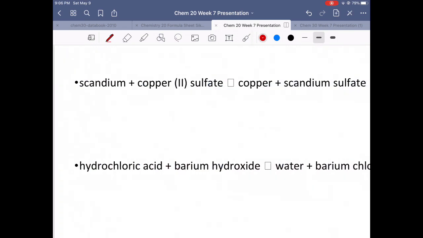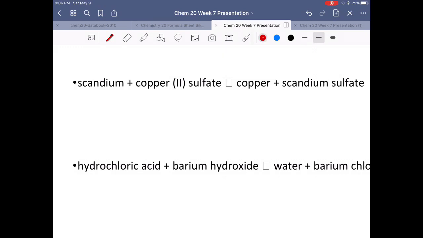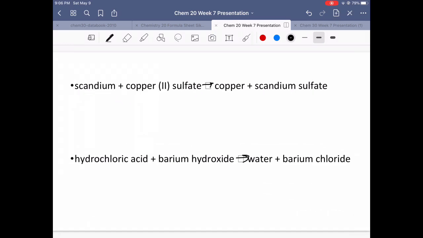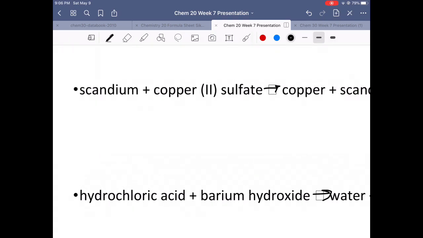Okay, let's check another one here. Moving on, put my arrows in. There we go. Okay, check it out. Scandium. It's not mixed with anything else. It just says scandium. That means that it is Sc solid metal. Look at the next one. Copper 2 sulfate.